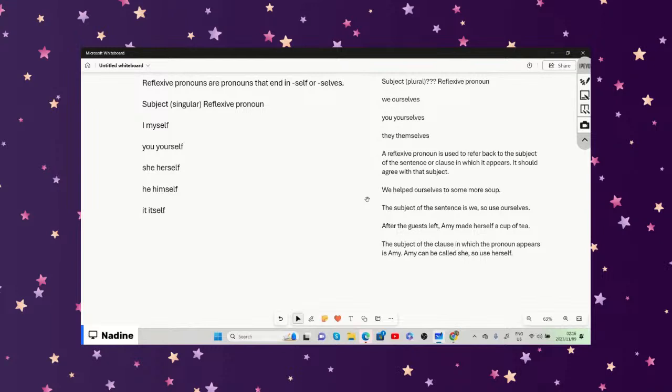And ourselves refers to as much as each and everyone wants, they had to, for example, come and dish themselves. Let's put it like that. And then the subject of the sentence is we.